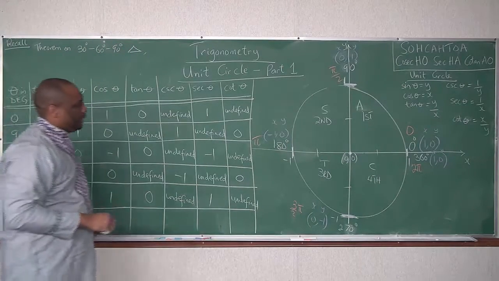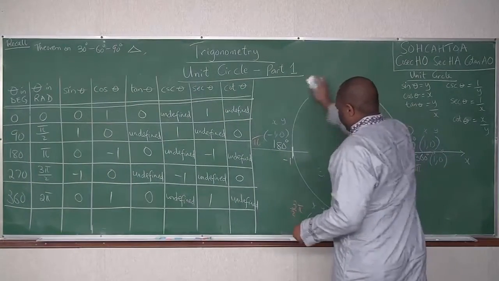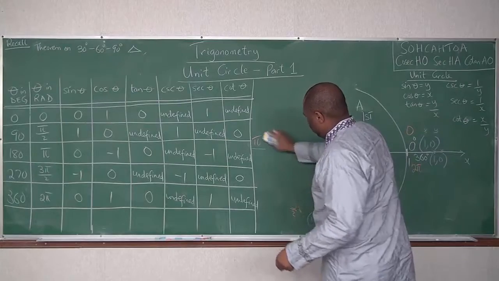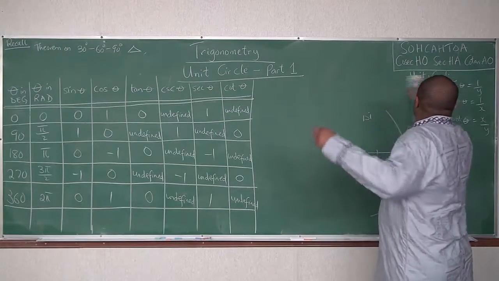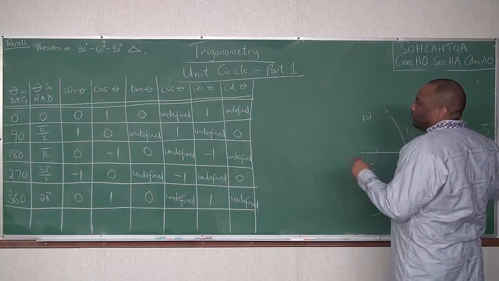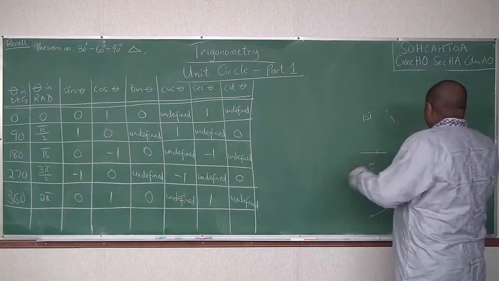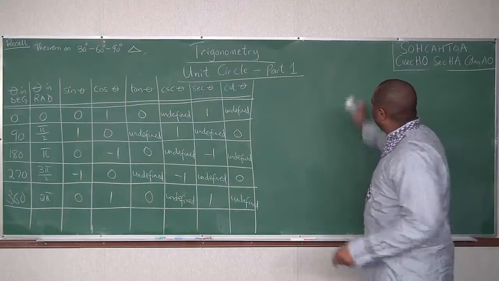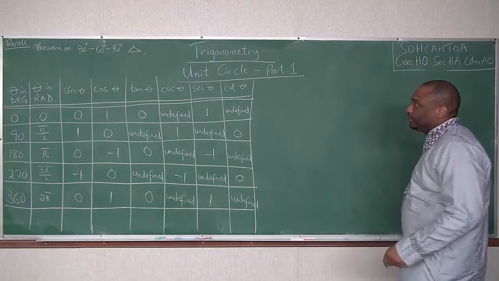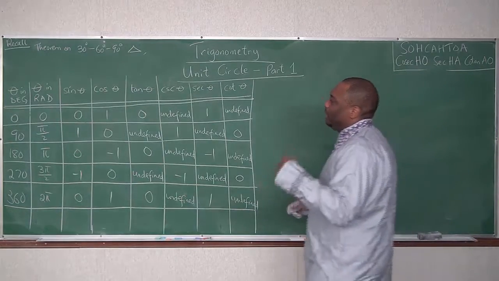Recall that. I'm going to use this here to illustrate this. Oh, I erased this unit circle. I needed it, honestly. Well, we are going to write it again. That's not a problem. Yeah, let's go ahead and write it again.